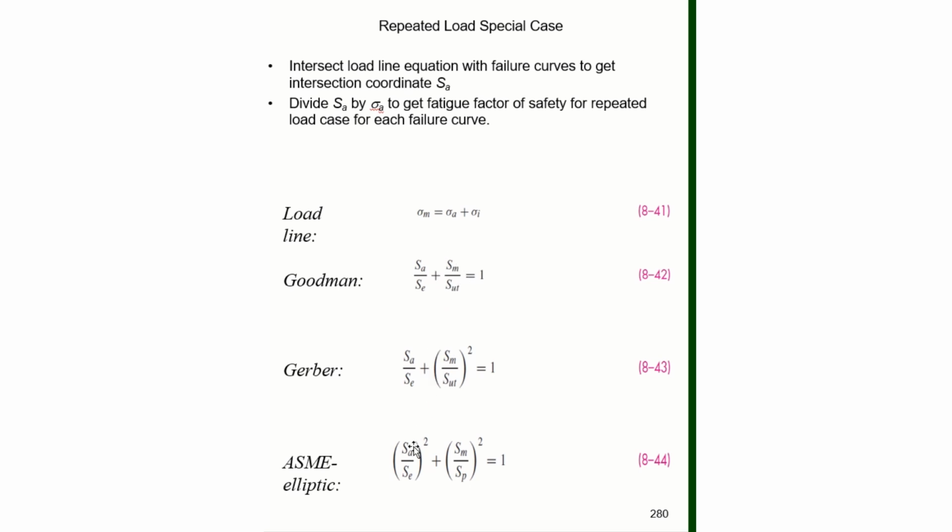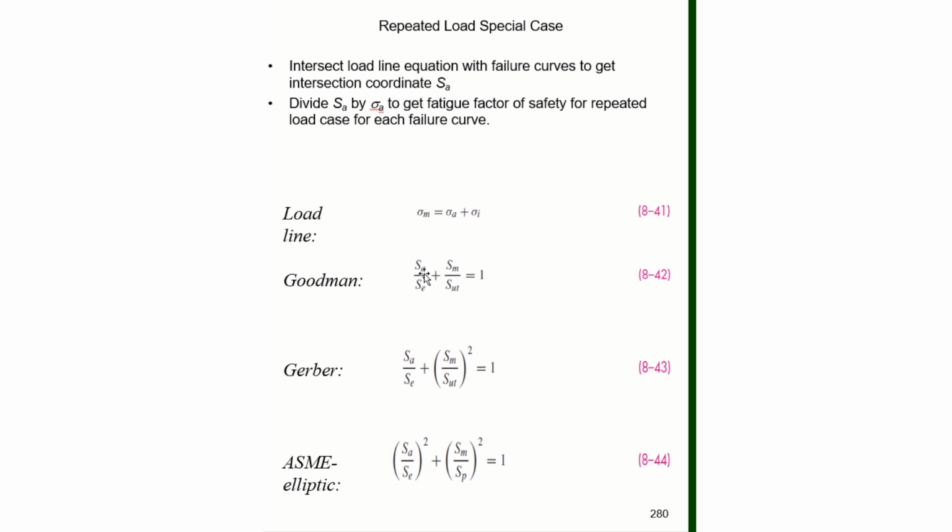And the ASME elliptic is exactly the same as the Goodman, except it squares both the first term and the second term, and it replaces the SUT with SP.